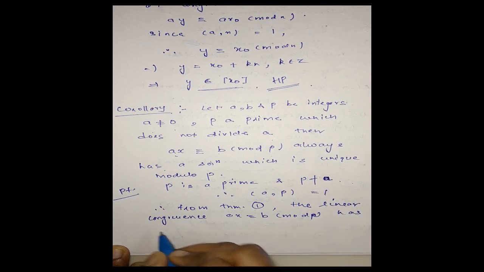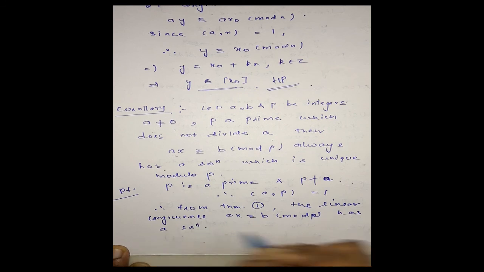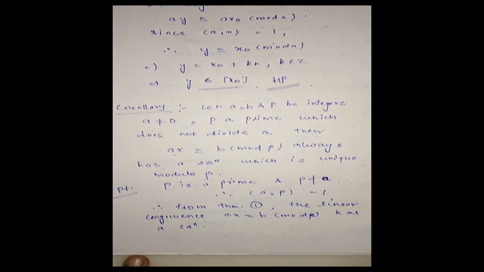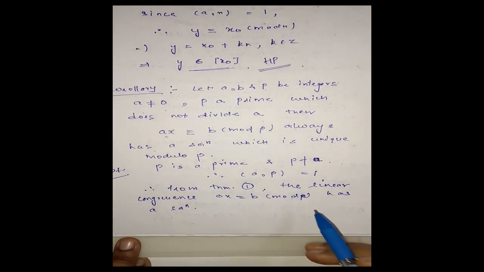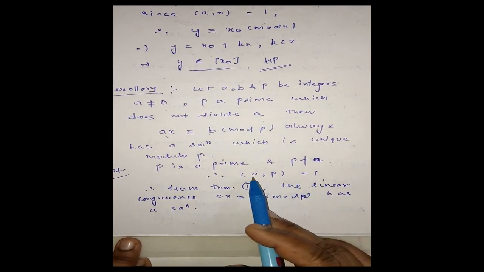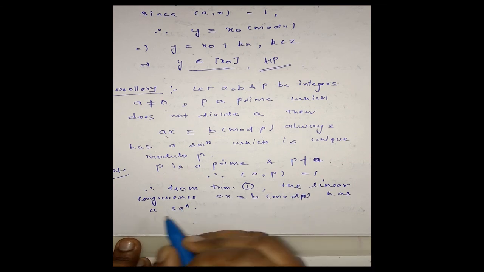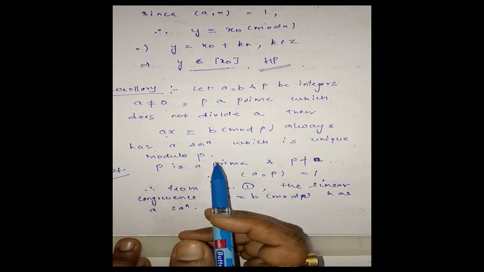Here n is P, since the condition was GCD of A and n is 1. Since P is a prime and P does not divide A, GCD is 1, so the result follows from the previous theorem.